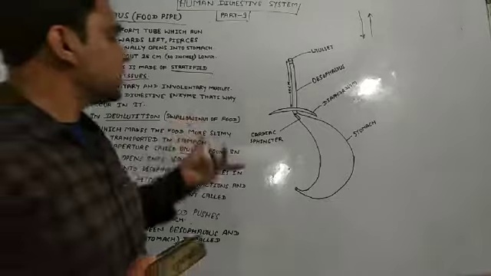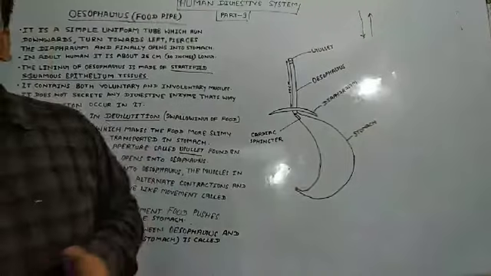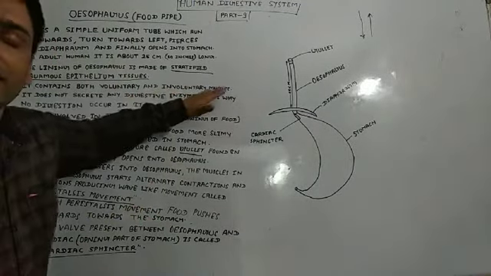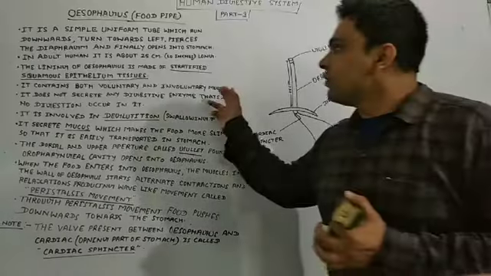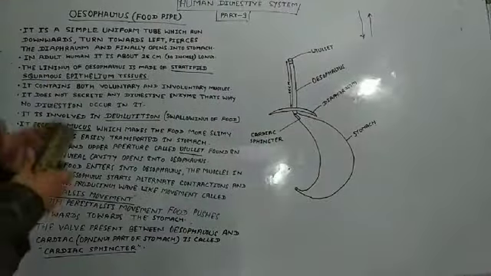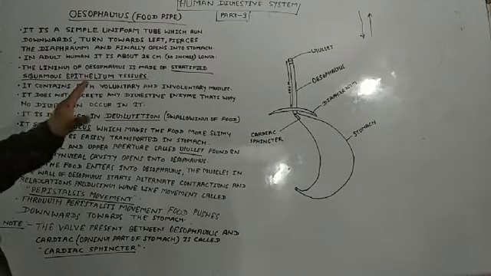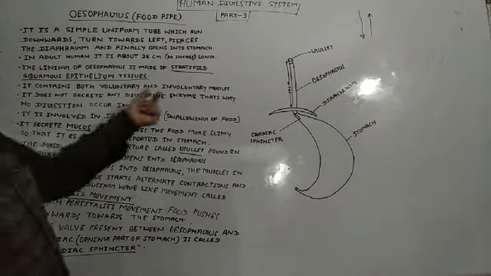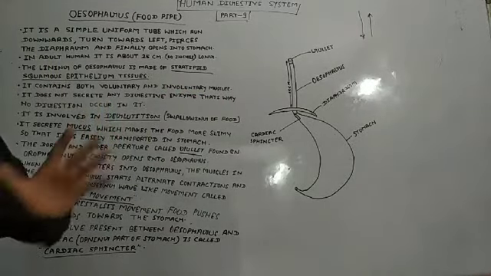Actions which are not under our willpower are known as involuntary actions, and the muscles associated with them are known as involuntary muscles. Some part of the esophagus is made of voluntary muscles, and some part is made of involuntary muscles. In simple words, it contains both.